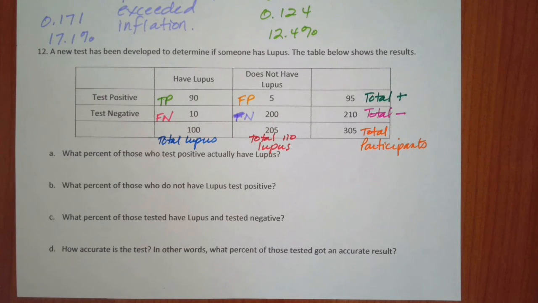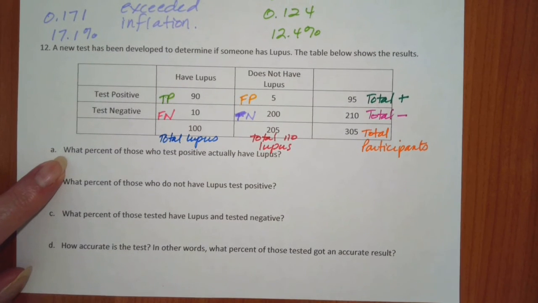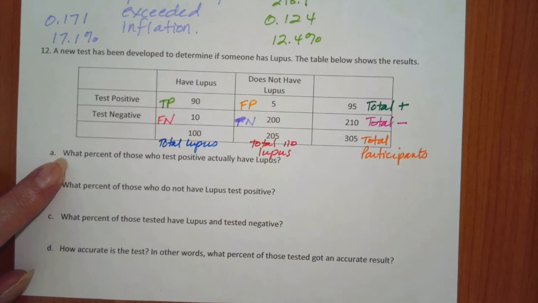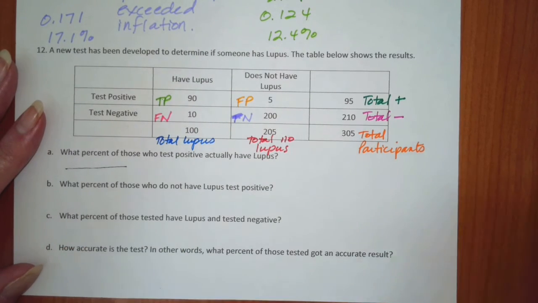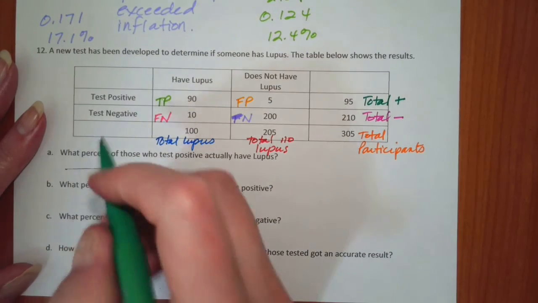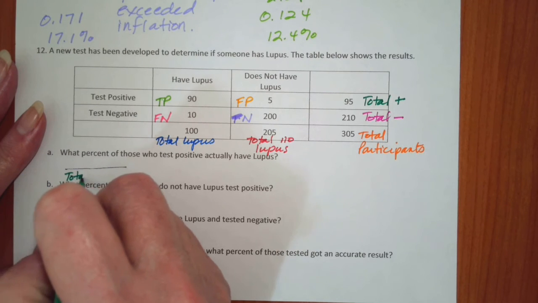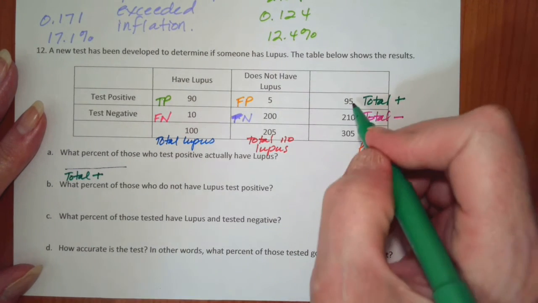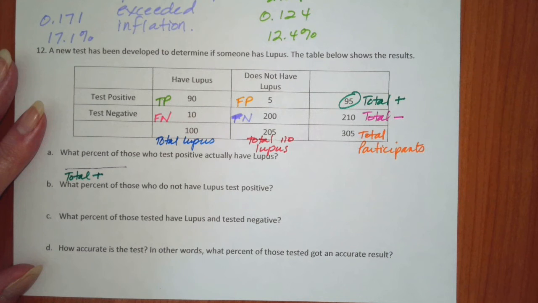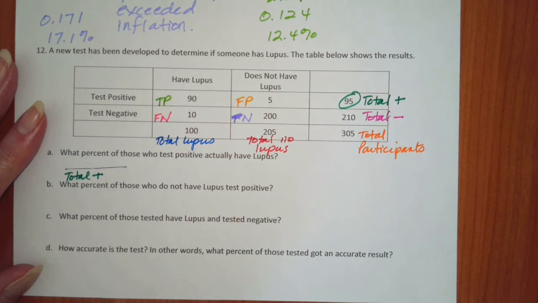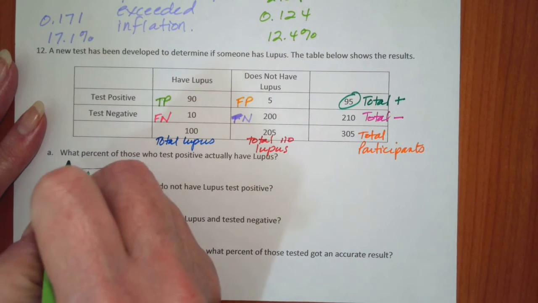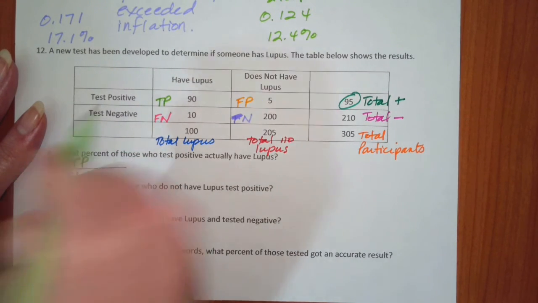Okay. All right, so for each of these, what percent of those who test positive actually have lupus? Okay, so we're going to have to find the ratio of the total positive and how many of those have lupus. So the true positive.